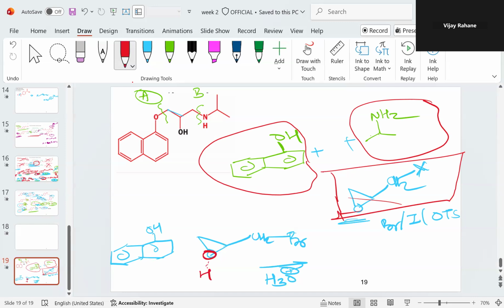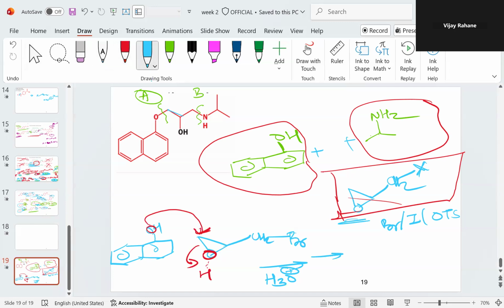And if you add this alcohol, it can now attack on this part, and this part gets opened. Why on this part only? Mainly because this cleavage occurs in an SN2 fashion, and attack on the secondary position is sterically hindered. So the major attack takes place on this primary center, right?